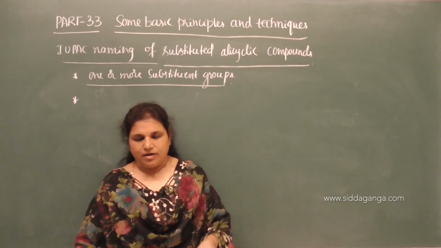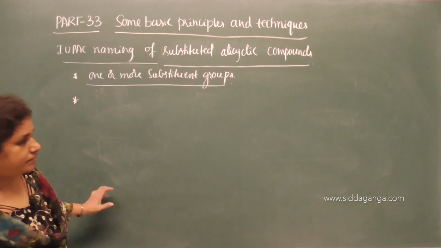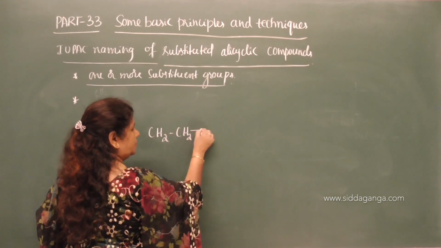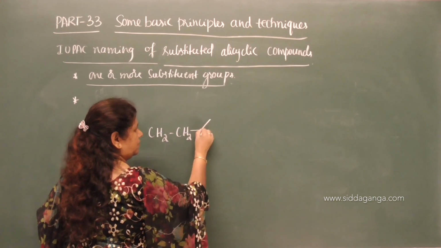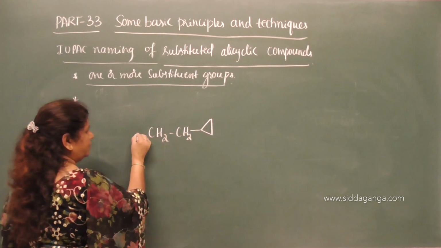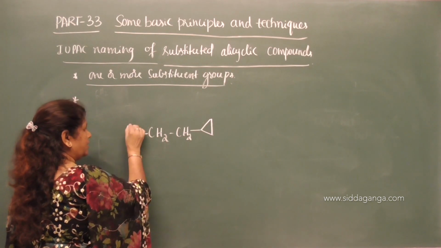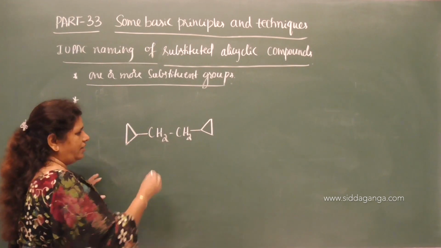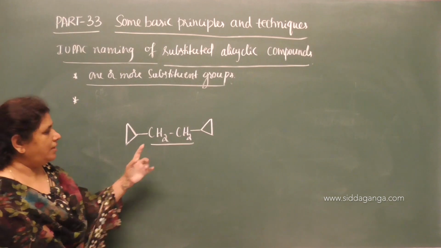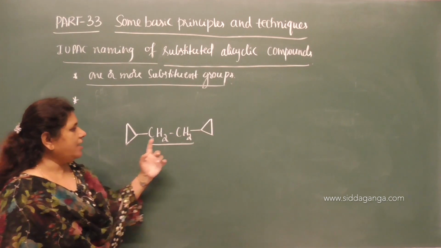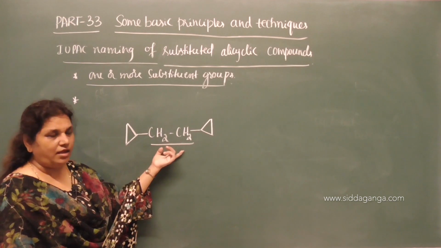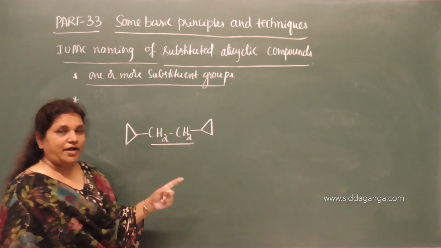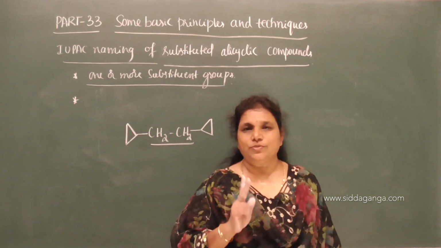So, for example, consider the example CH2. These are the two alicyclic rings which are attached to the alkane chain. This is the aliphatic chain, and two alicyclic rings are attached to this chain. The ring contains 3 carbon atoms, but the aliphatic chain contains only 2 carbon atoms.